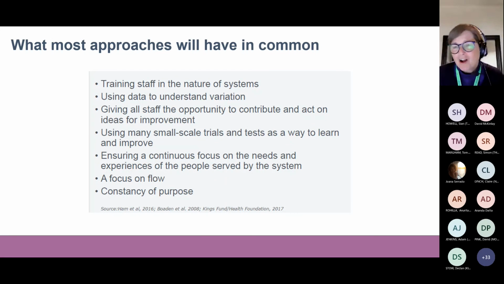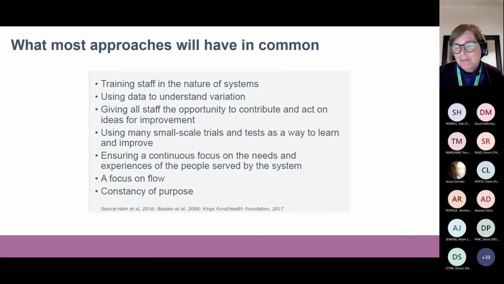Things that are at the heart of every single quality improvement approach. So helping all your team members to understand that you're trying to improve the system that you're in, that you're going to use data to try and reduce unwarranted variation, that you want to create an improvement culture where everybody feels involved, and you're going to do this through creating small-scale tests and trials as a way of learning together as a team.